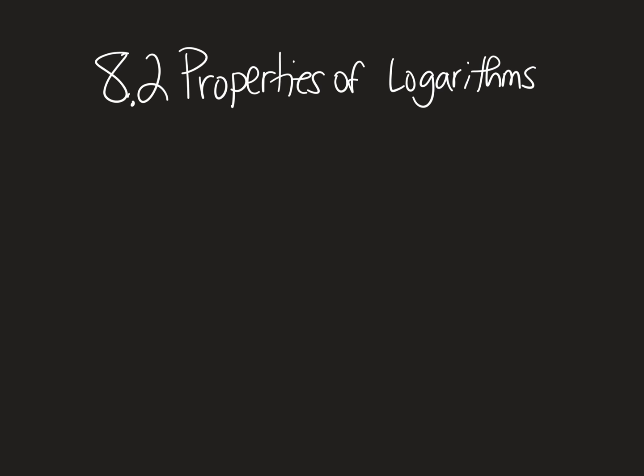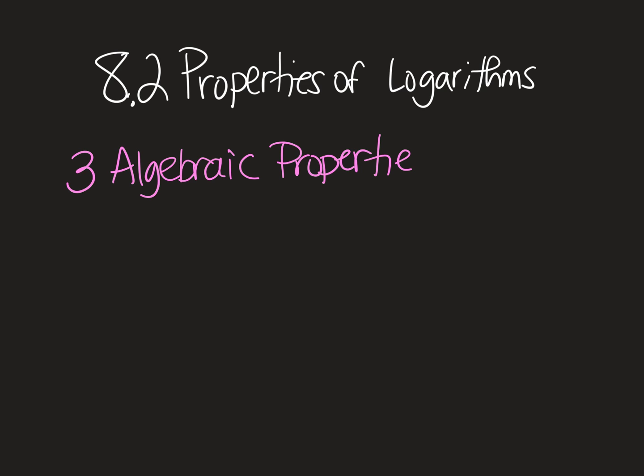We talked a little bit about some of those properties that you might be able to see by just rewriting. But I want to talk more today about some, I'm going to call them algebraic properties. And there are 3 of them. I call them algebraic properties because they use some algebra.